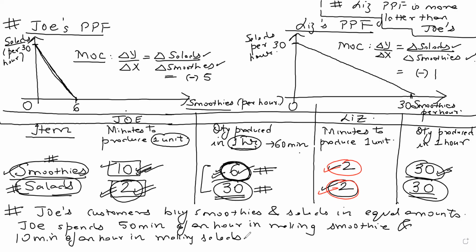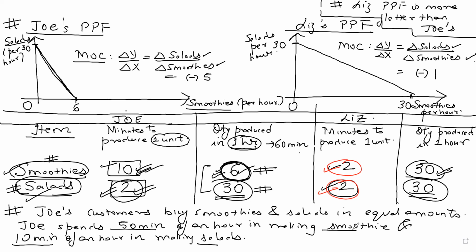Obviously, the customers buy smoothies and salads in equal amounts from Joey. It's given to us. Since Joey can make salads much faster than smoothies, he will spend only 10 minutes on salads and the remaining 50 minutes on making smoothies. In 50 minutes, how many smoothies can Joey make?